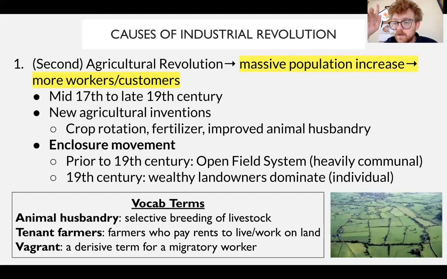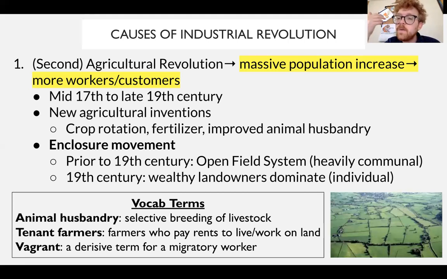And the peasants or the farmers who stay on that land, they have to pay rents. They either have to pay rents or they're just kicked off of that land. They become vagrants, to use derisive language, not derogatory. Anyway, don't call someone a vagrant.